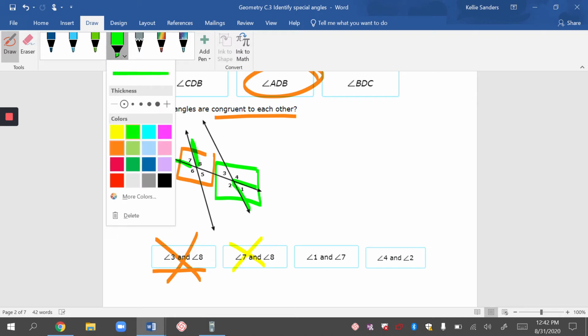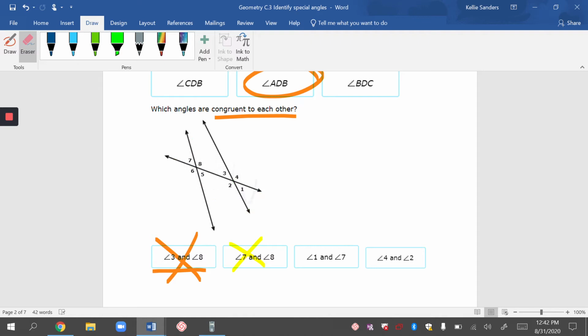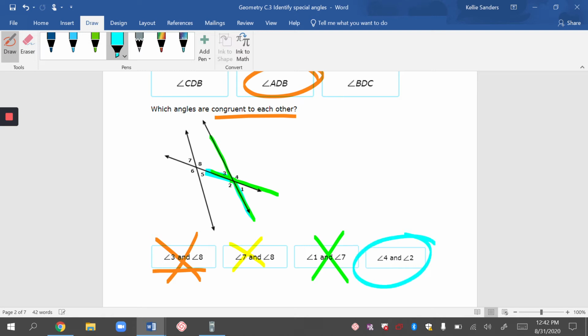So let's go back to the green. So 1 and 7 is not congruent. Let's look at 4 and 2. Okay. So finally we get one. Let me do that one in a different color. Okay. 2 and 4 are congruent.